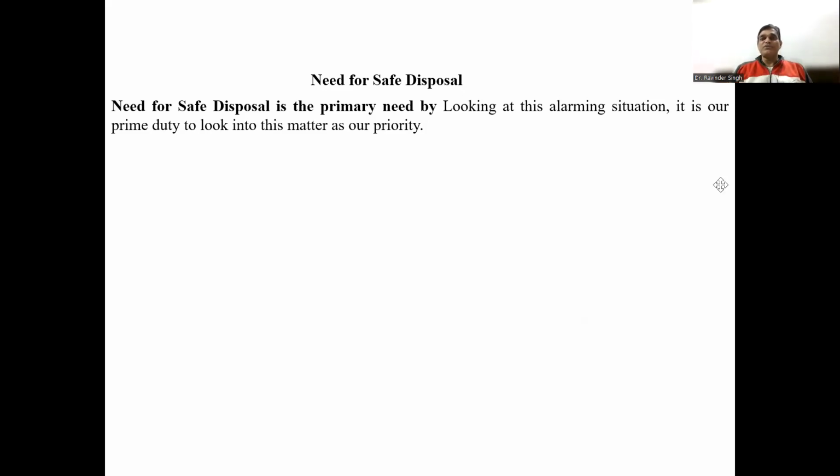Looking at the alarming situation at present, it is our prime duty to look into this matter at a very higher priority. Our country, our nation, our government are also very much aware of all this.